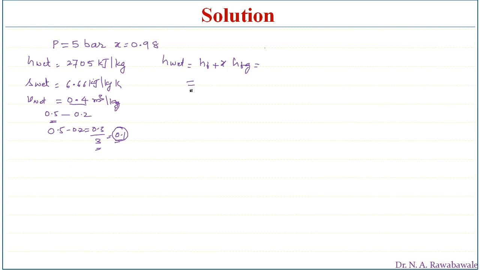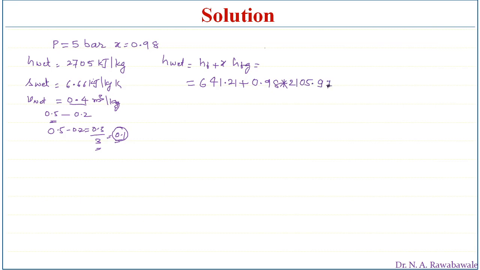At 5 bar, HF is 641.21, plus the dryness fraction 0.98 times the HFG value. The HFG value at 5 bar is 2105.97.